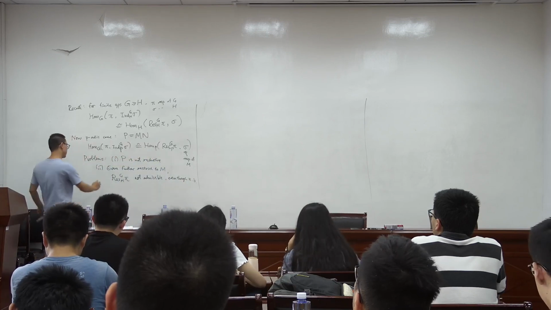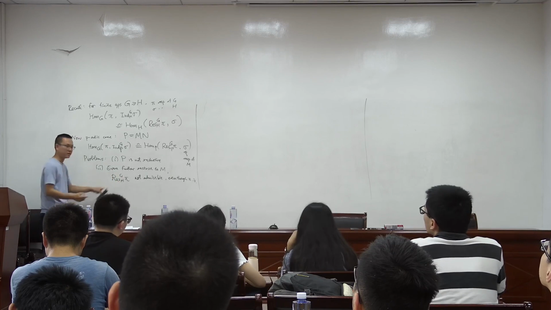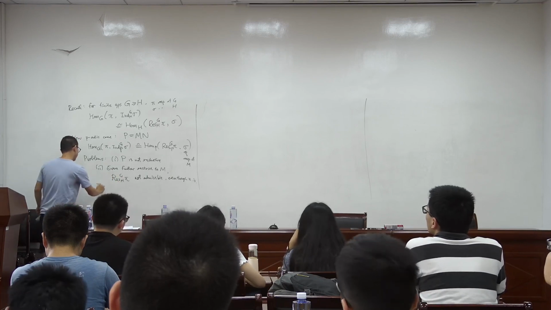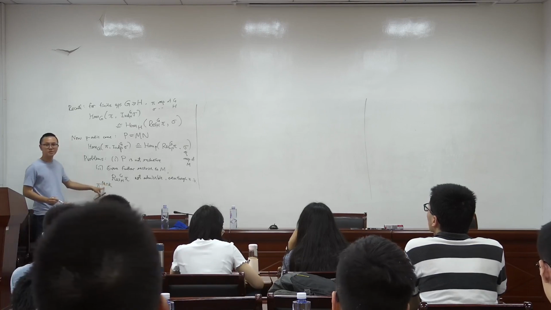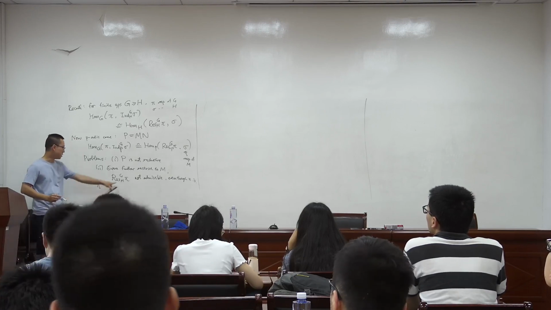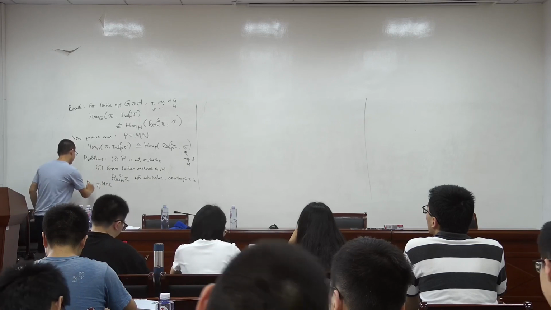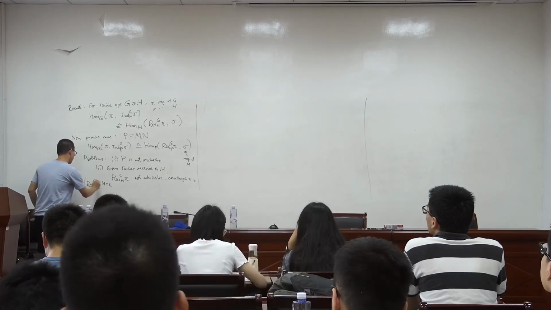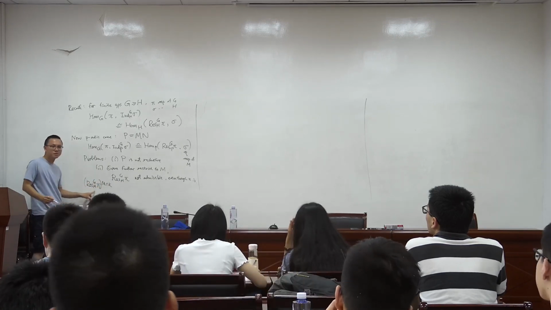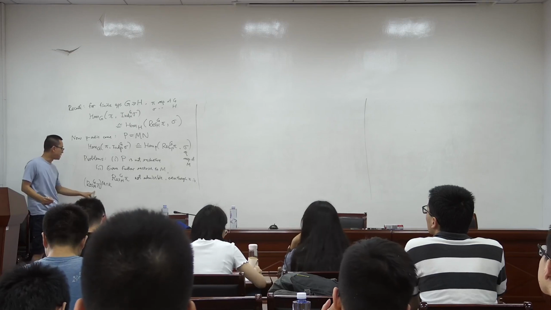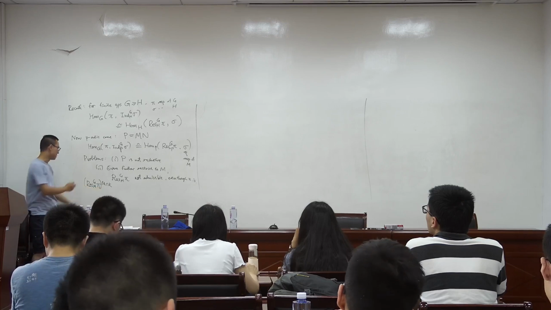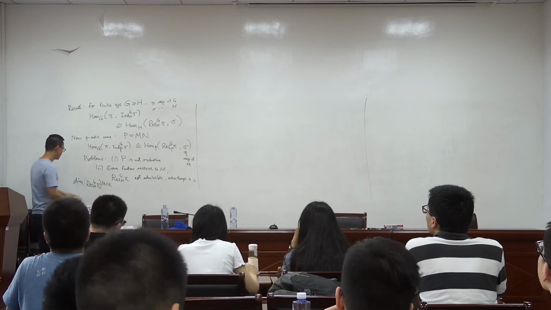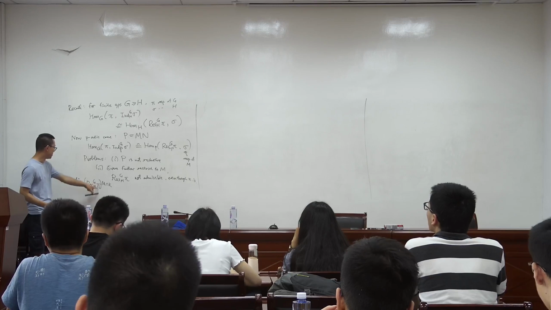Because if you want to check admissibility, you view it as a representation of M, you take compact subgroups in M, and you check the dimension of the fixed vectors. This restriction is just your original pi.